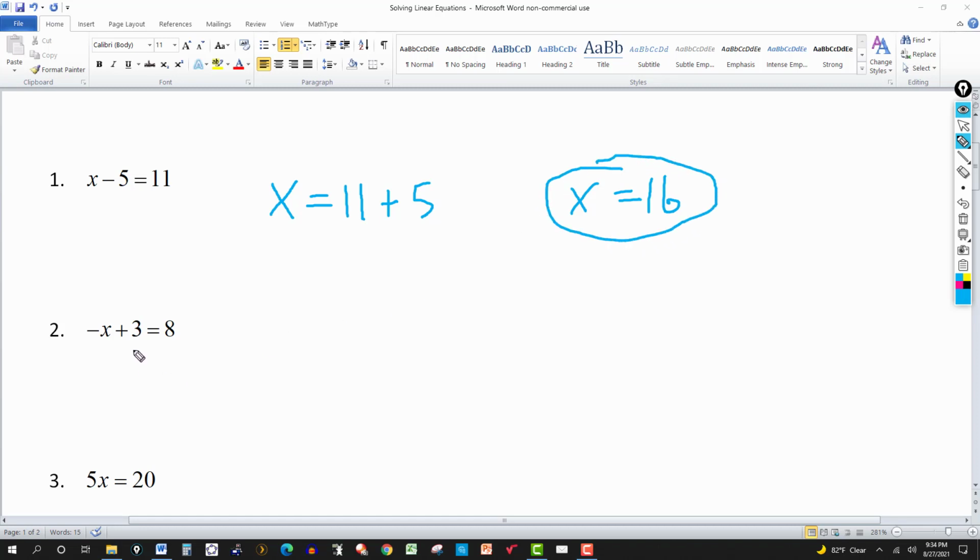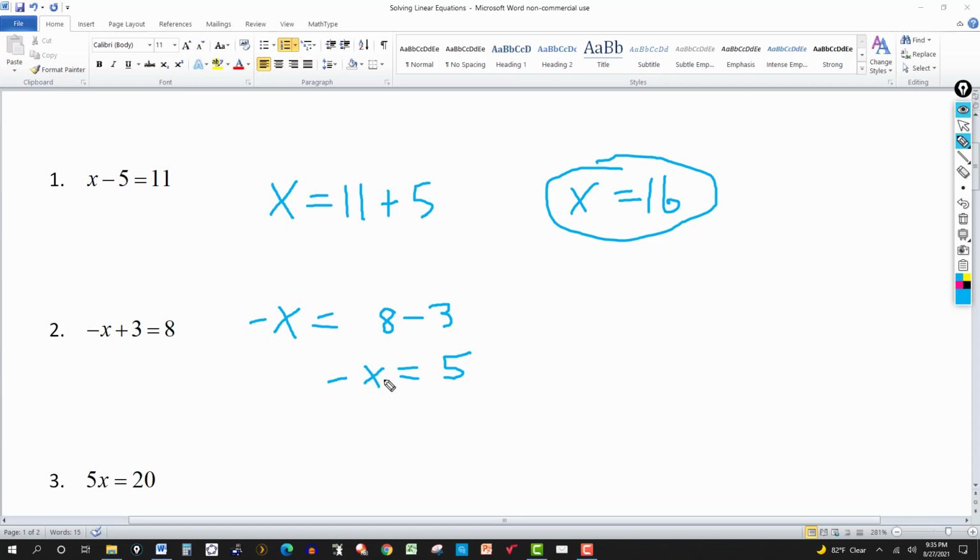Now here again, the same sort of thing. I have -x plus 3 is equal to 8. I want the x's on the same side, numbers on the other side. So I just say, okay, -x. Take the 3 over. Just make it opposite sign. So that leaves me with -x equals 8 minus 3. 8 subtract 3 is 5.